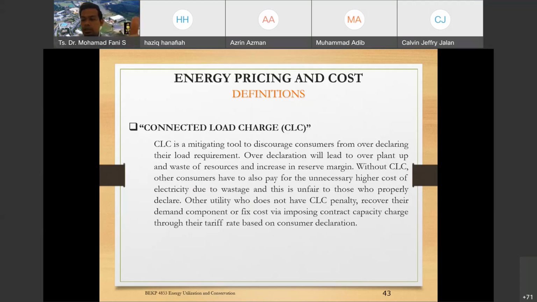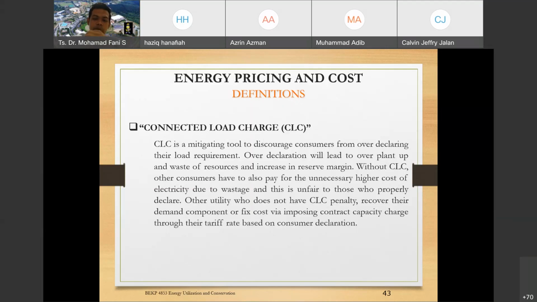So as the consultant or contractor, you need to have the idea on how you can predict or determine the maximum demand required, the maximum power required to power up your new building or new operation.